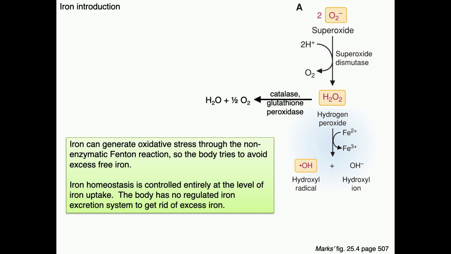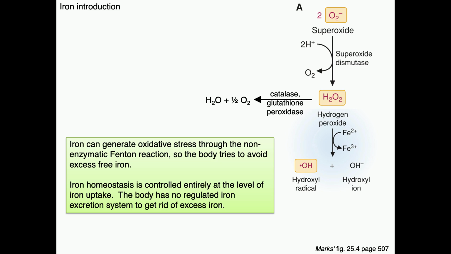But if you have an abundance of iron around, or if you have an overproduction of the hydrogen peroxide, you can get the hydroxyl radical produced. So avoiding that is kind of the teleological goal of a lot of this iron metabolism we're going to talk about, because all cells need iron to large or small degrees, so we need it, but it also has this potential adverse effect.